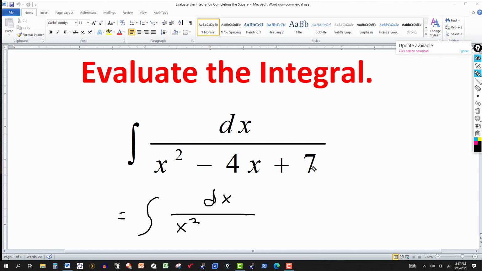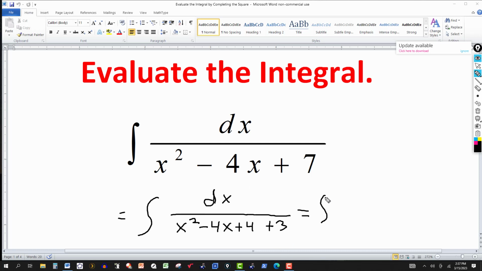Or I could simply break up 7 into 4 and 3. So this would be x squared minus 4x plus 4, and I'll just put a plus 3 here. 4 and 3 is 7, so I haven't changed the problem.